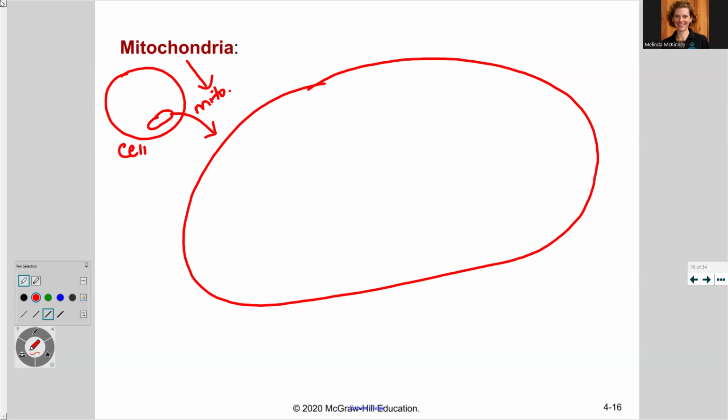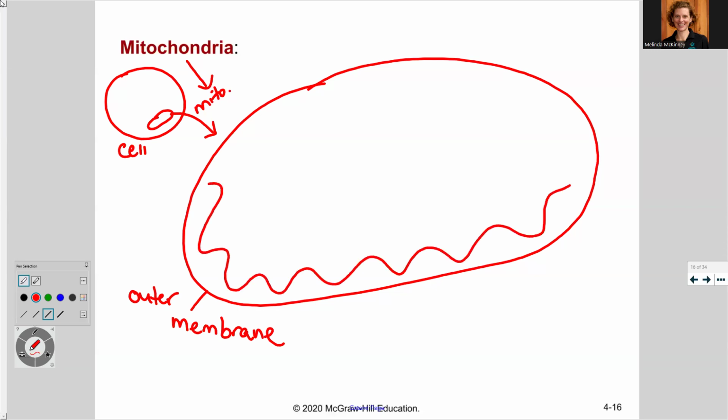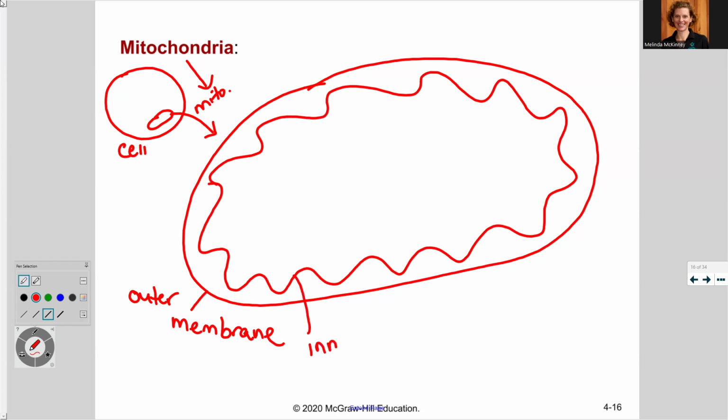The mitochondria has an outer membrane. This is the outer membrane, outer. And then it also has a folded internal membrane. So it's 2 membranes thick. It's double membraned. Okay. So this is the inner membrane, inner membrane.